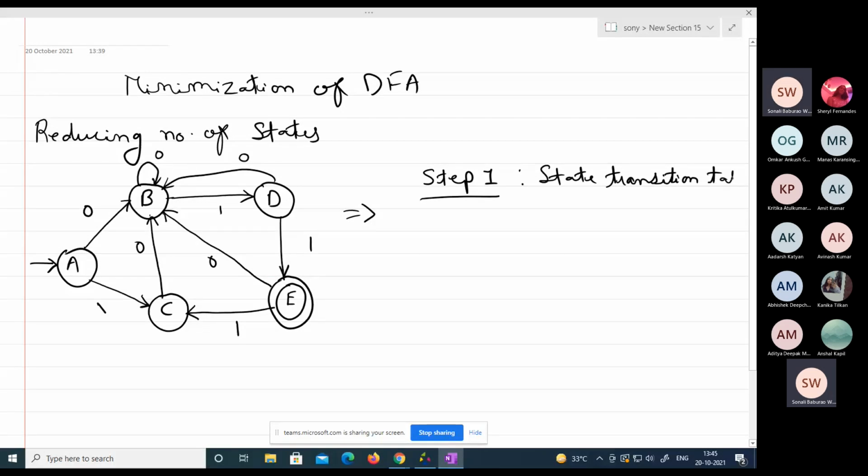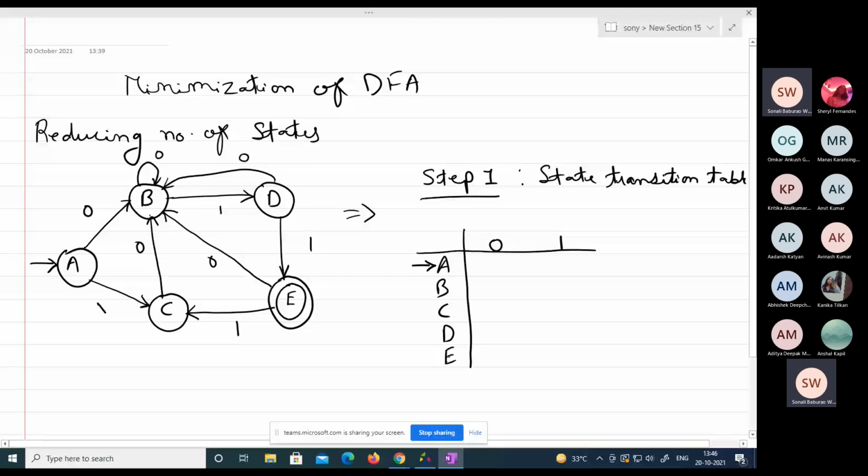I'm having two inputs, 0 and 1, and I'm writing the respective states, where A is my initial state and E is my final state. For the minimization process, your final state is represented by a circle like this, and the initial state is given by an arrow pointing towards it.